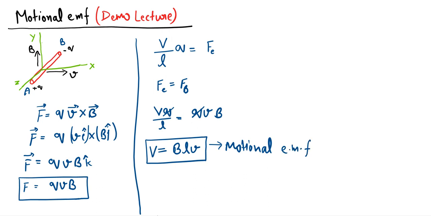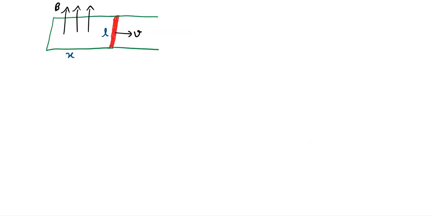The same expression can be derived with another method. Let's see that method also. Here is a rail of conductor, and this is another conductor kept over this.